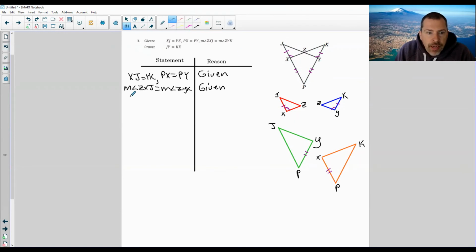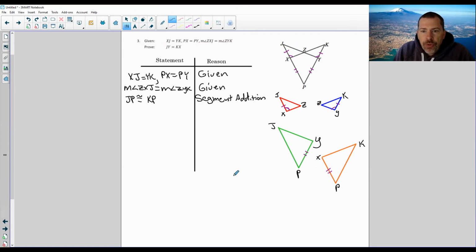So now I can say JP equals KP. Or they're congruent, I should say. If they're equal, I'd have to put the bar over top. The length of JP is equal to the length of KP. JP is congruent to KP. Reason: segment addition. Adding congruent segments will give you congruent sums.